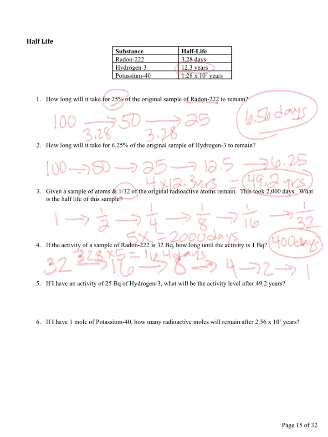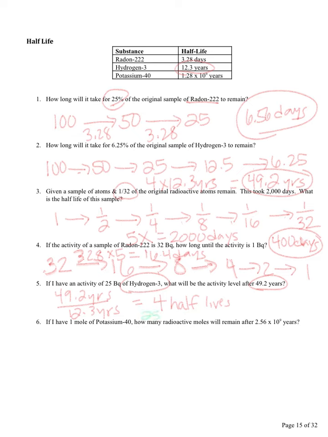Okay, next one, 49.2 years. Since it's hydrogen 3, the half-life is 12.3 years. So when I divide this out, I'm going to get 4 half-lives. So I'm going to start with my becquerel 25, and I'm going to decay it 4 times.